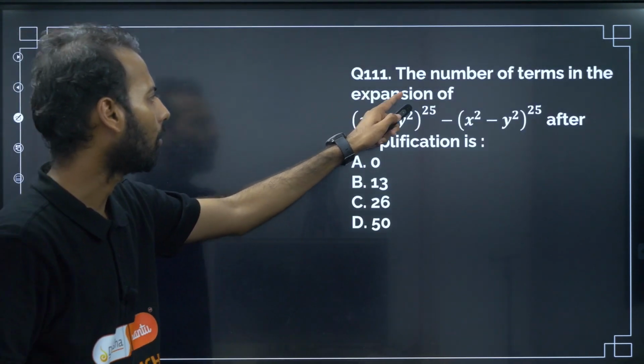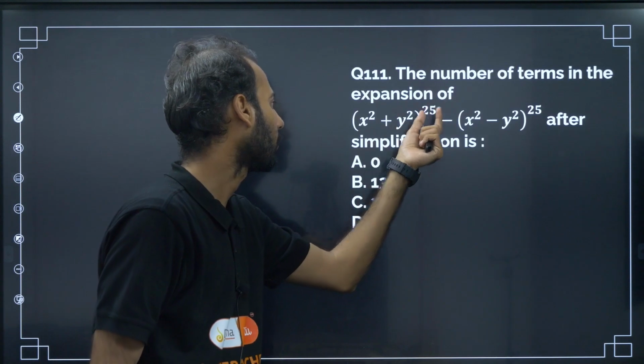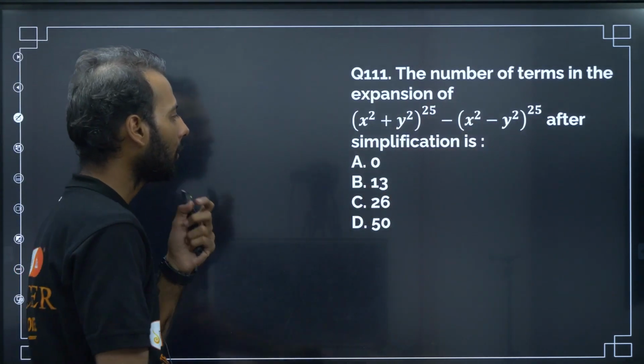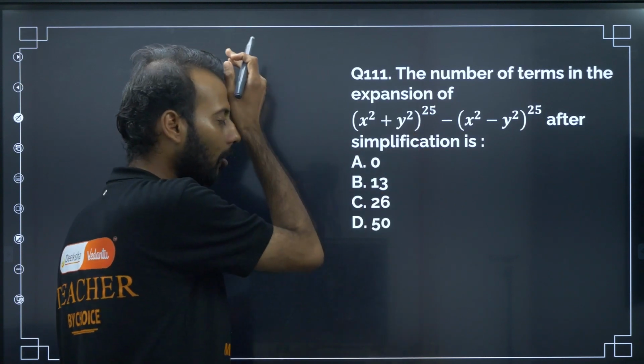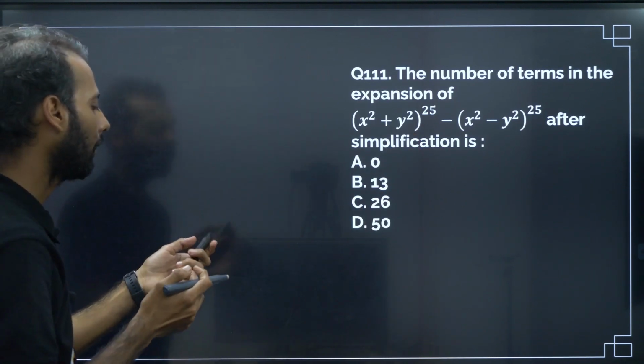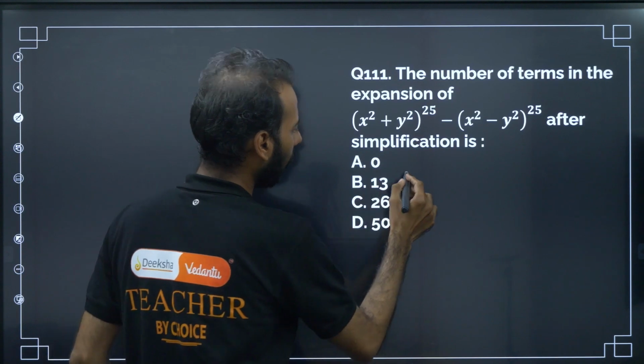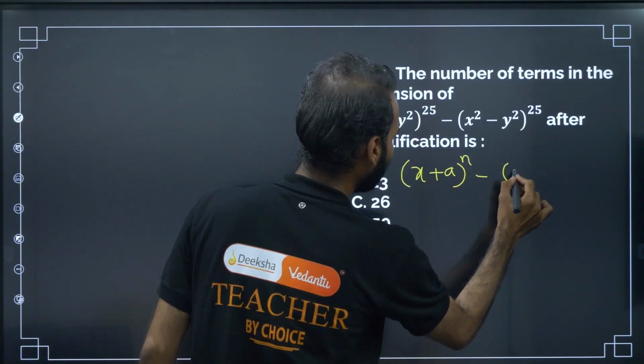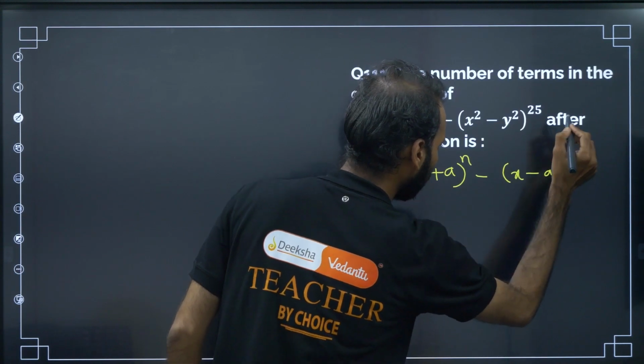Moving on to the next question. The number of terms in the expansion of x square plus y square. Again, a synopsis point. In the binomial theorem synopsis, there is one formula, a direct theory point only: x plus a power n minus x minus a power n.